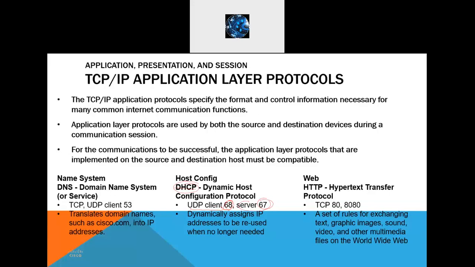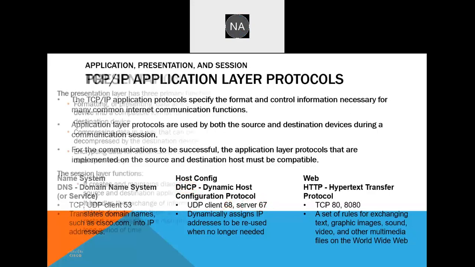I'm a DHCP client, I'm coming with port 68, I'm looking for a DHCP server. What is the service we are both pointing to? We are pointing to DHCP. So 68 is used by the client and the server is using 67. But both ports are used for DHCP. So those application layer protocols you saw, all of them have port numbers.